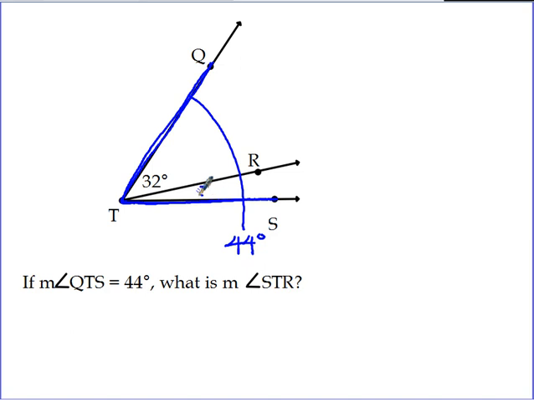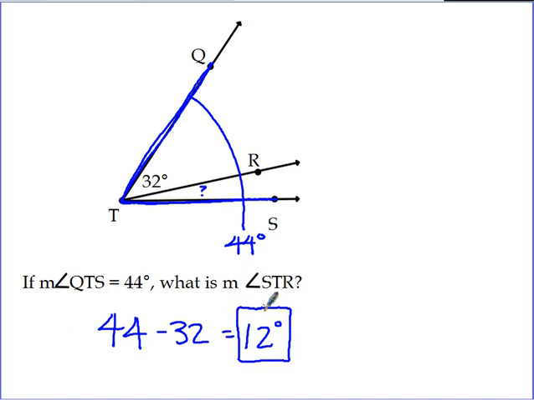So for this one, you're going to subtract. So 44 minus 32 gives me that tiny little angle in there is only 12 degrees. So again, just like segment addition, if you have two little ones, you would add them together to get the big one. But if they give you the bigger one, then you would subtract to find one of the little pieces.